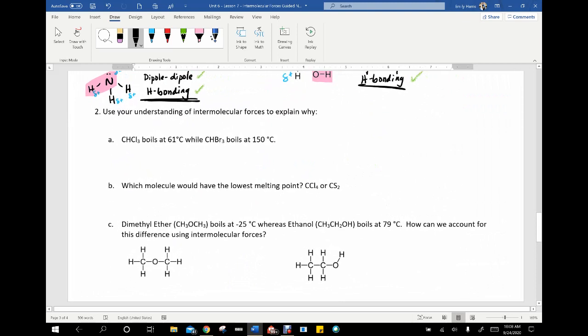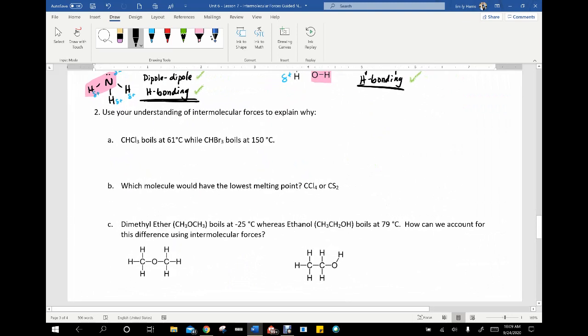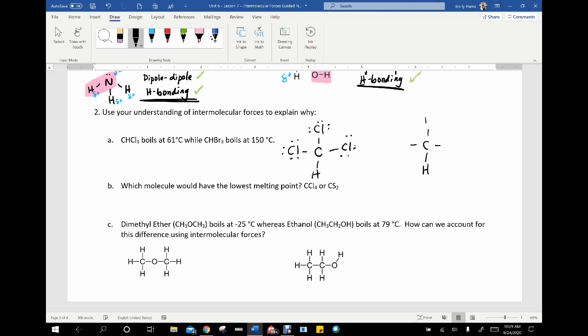So it says, use our understanding of intermolecular forces to explain why CHCl3 boils at 61 degrees Celsius, while CHBr3 boils at 150 degrees Celsius. So let's draw these out and see if we can find any patterns. So there's CHCl3. I'll be a good example and put my lone pairs in there. And then here's CHBr3.